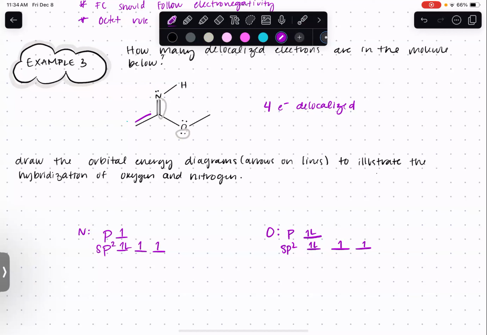We'd have to have a double bond here, or a carbon over there, in order for that lone pair to participate, but that's not the case. So it can't move anywhere. It just has to stay where it is, in that sp2 orbital.